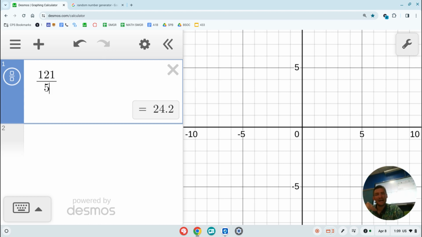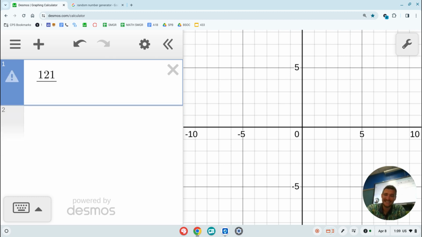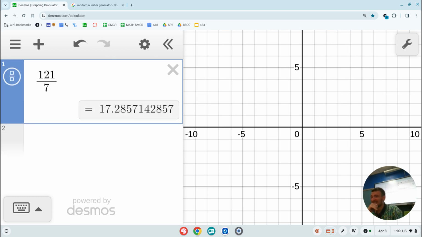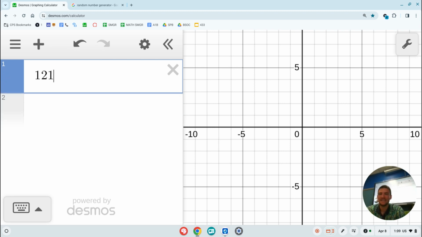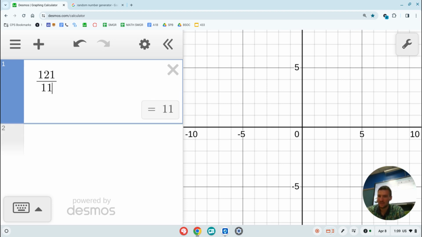So we got to try these other ones, like 7. What is happening here? Now, don't forget, what is 121? We've heard this number before. 121 is a perfect square. 121 is 11 times 11.